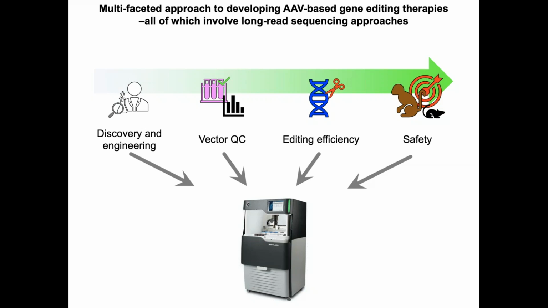And so for the past 5 years, our lab has been intensely focused on developing AAV strategies to deliver Cas9 components for the purposes of curing disease. We like to break this down into 4 phases: discovery and engineering. We also like to check that our vector designs are of high quality, so we group these into a category of vector QC. We also like to know that the platform we've developed has high editing efficiency, and we like to show that once cells are corrected, they are also safe and that there are low off-target events, for example.